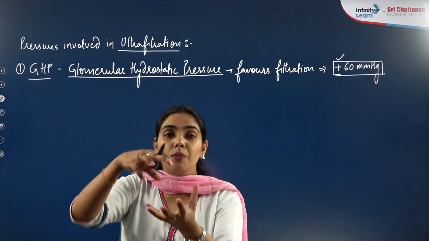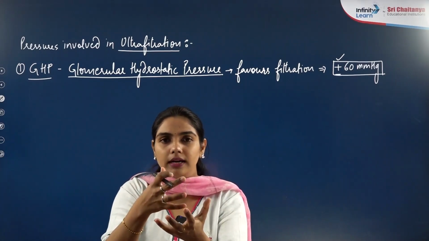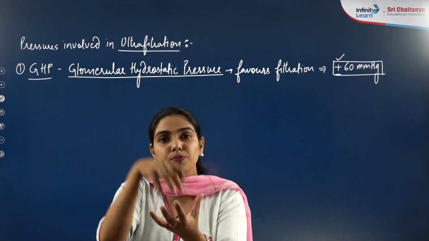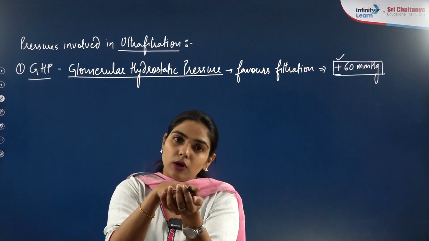Similarly, glomerulus is there. Glomerulus is what? Blood. In that blood, plasma. In that plasma, proteins. Those proteins cannot filter, na? So they will remain here in the glomerulus only.